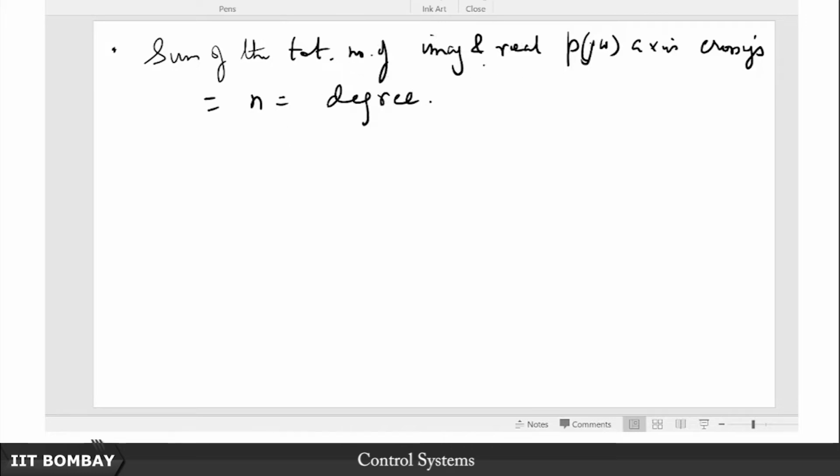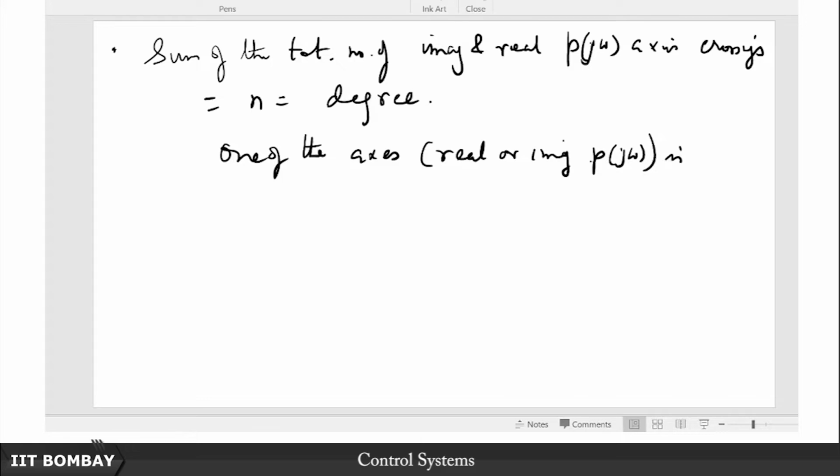That if the total number of imaginary and real axis crossings is n, then it's basically not exactly half.